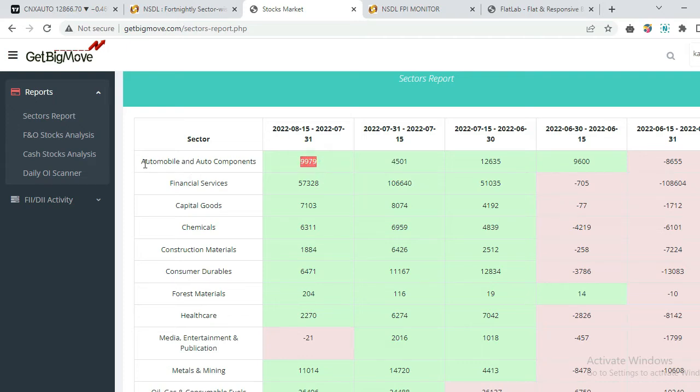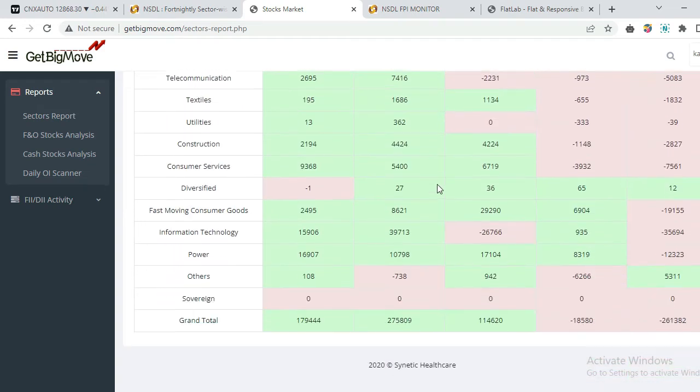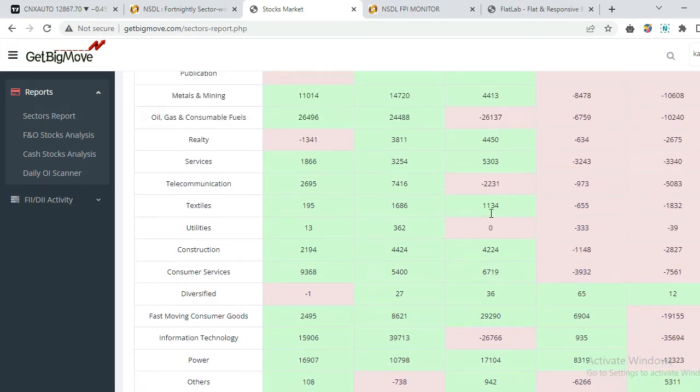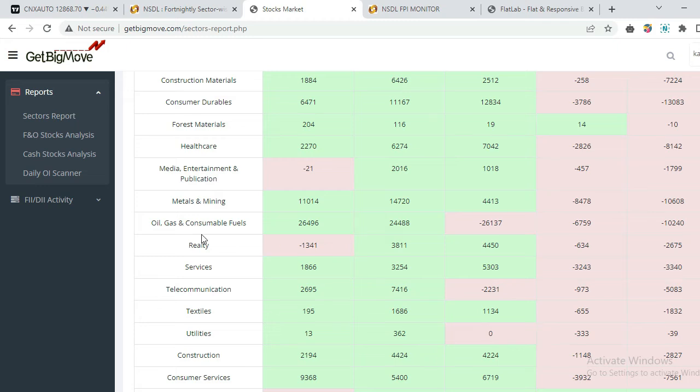They have invested a lot of money into the automobile sector, and these days they are adding into financial services. If I show you one more sector, like oil and gas, they had withdrawn a huge amount of money, but they are now again pumping into the system.